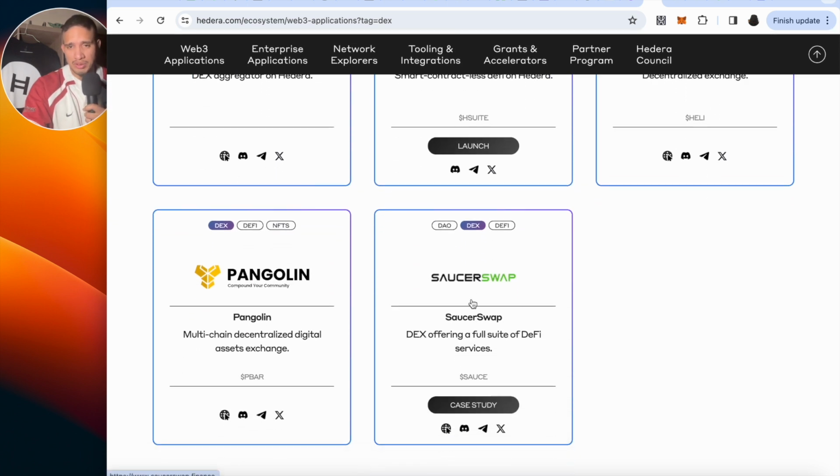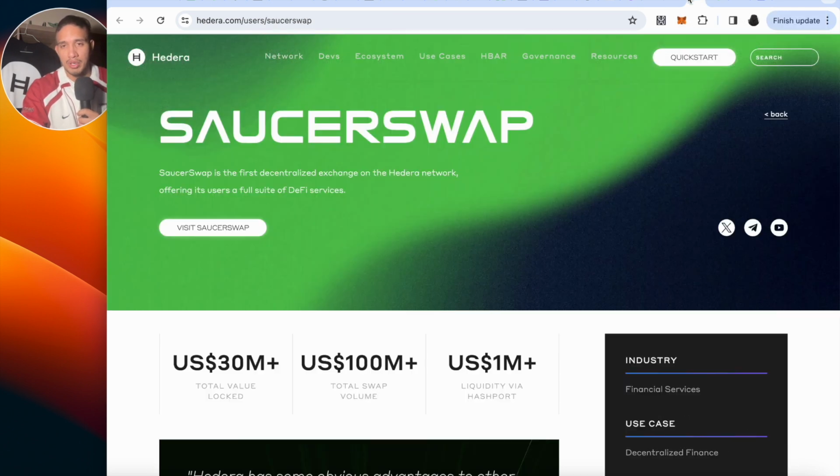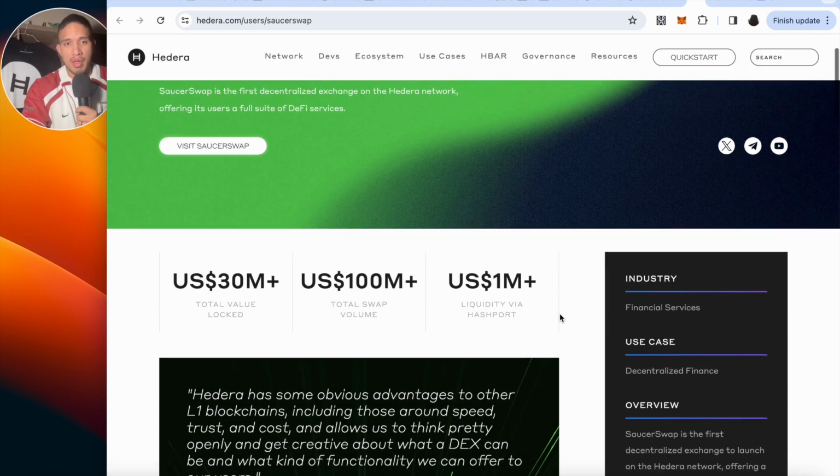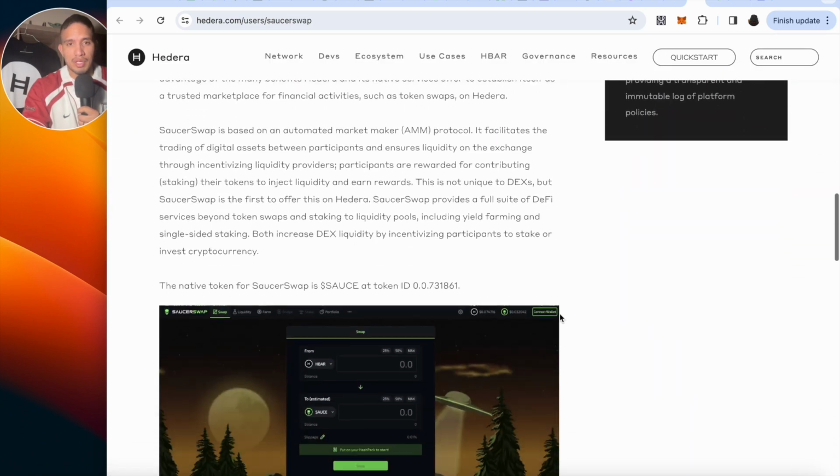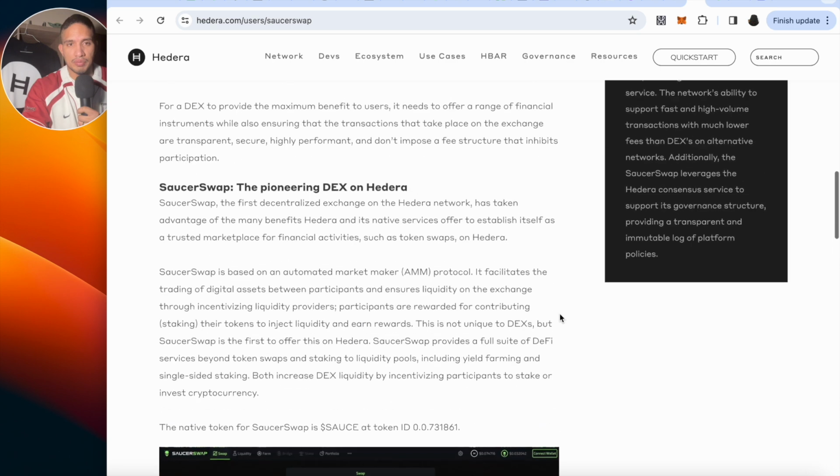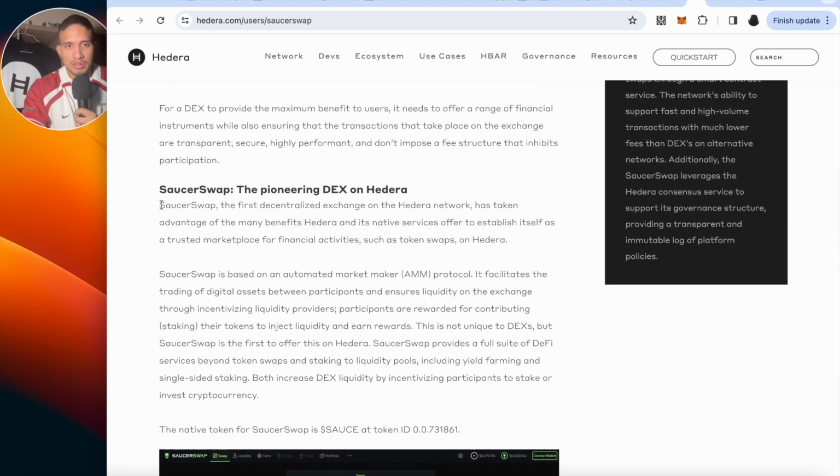Now, what's so special about SaucerSwap? Not only is it the main important one, and we're going to read here the most popular one, but in the definition here, SaucerSwap, the first decentralized exchange on Hedera network, has taken advantage of many benefits Hedera and its native services offer to establish itself as a trusted marketplace for financial activities such as token swaps on Hedera.